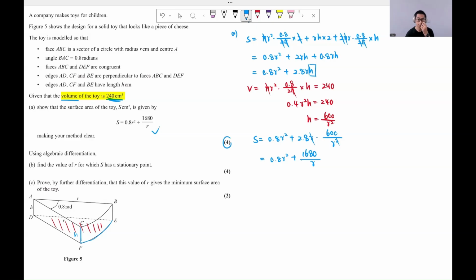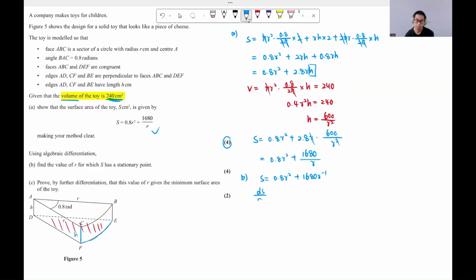That's part A. And then part B, using algebraic differentiation, find the value of r for which S has a stationary point. So differentiation. S is equal to 0.8 r squared plus 1680 r to the power negative 1.